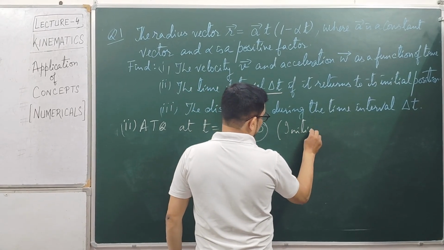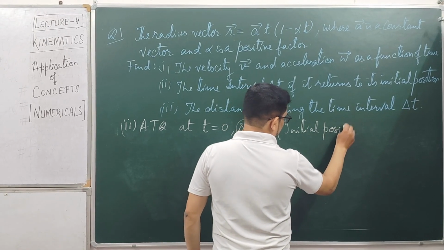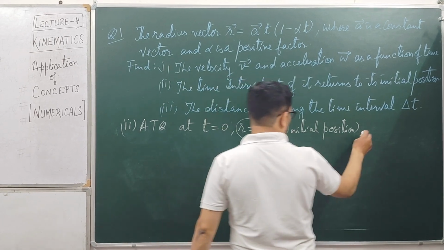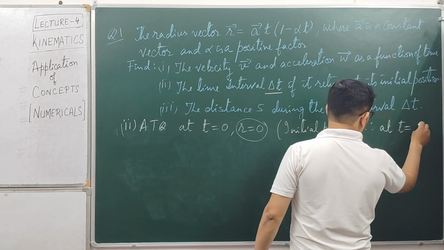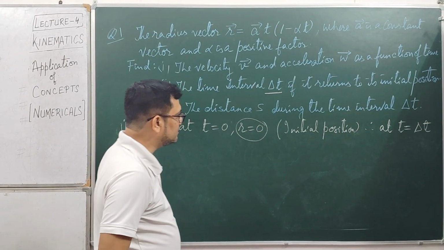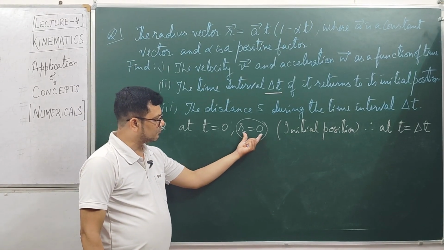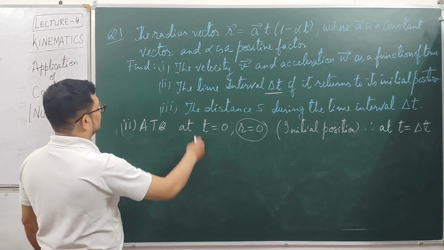When it returns to the initial point, what is the time lapse? That is what in the question is called delta t. So therefore, at time t is equal to delta t, it returns to the initial point, and that initial position is r is equal to 0.